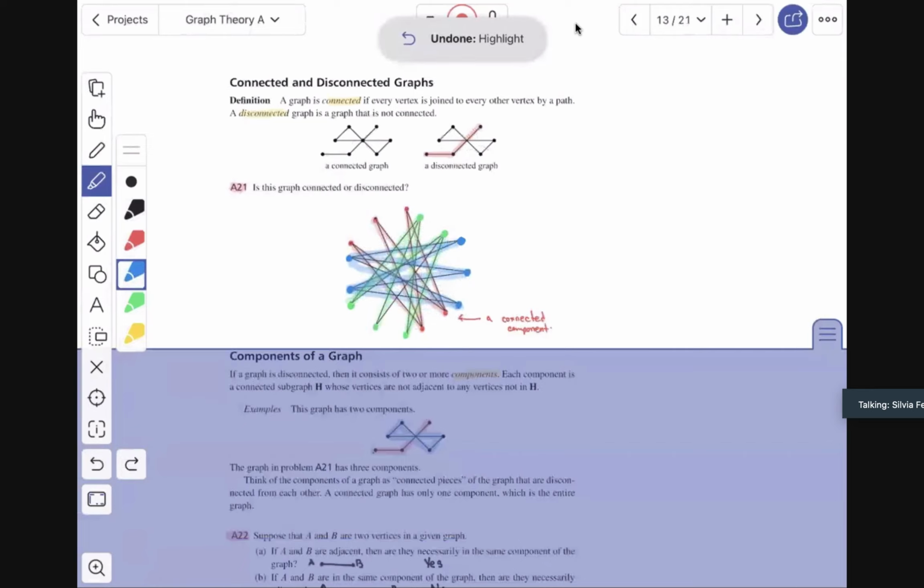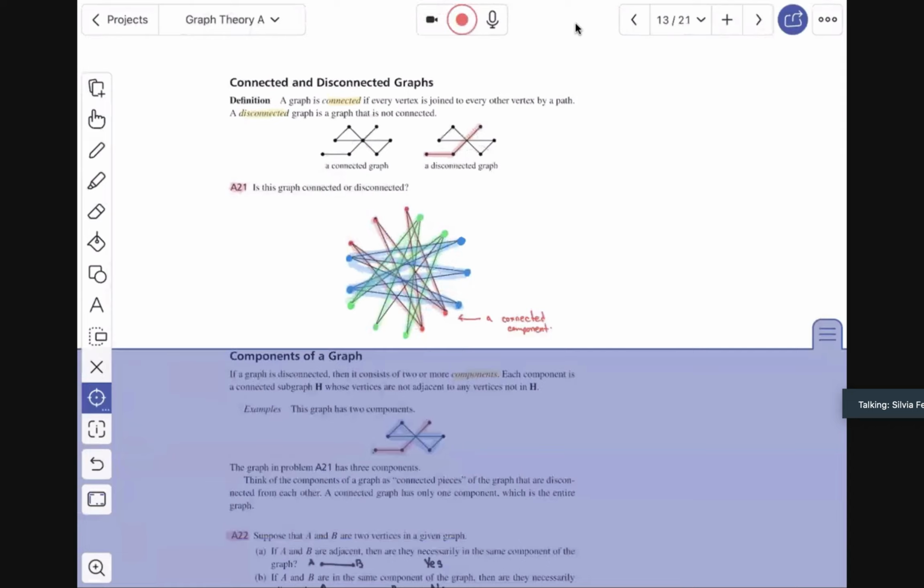Yeah. So that's 3 connected components, even though it looks like a single piece, and it is a single graph. It can be divided into 3 subgraphs. I like Noah calling them regions.